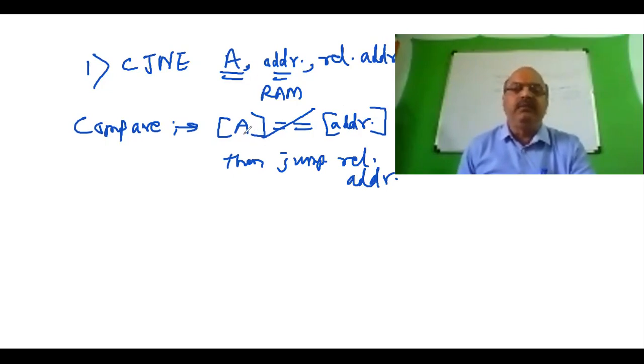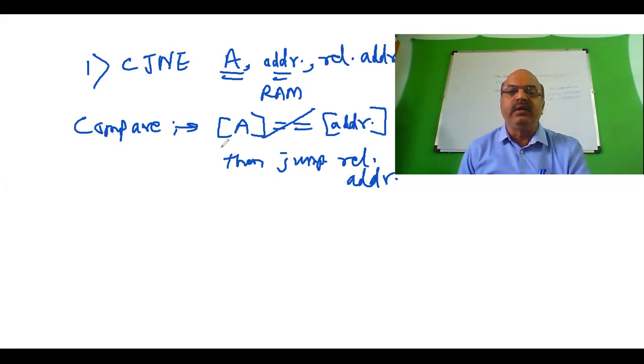For comparison we need two data values. One data is in the accumulator and the second data is assumed to be in the RAM address. If they are equal, then it will not take the jump. What we are saying is compare and jump if not equal, JNE. If they are not equal, then it will take the jump to the relative address.